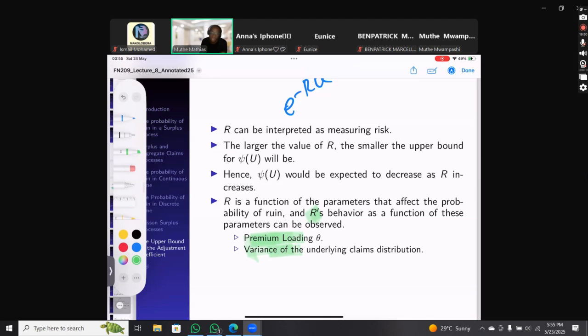This should be obvious because the probability of ruin will depend on the premium loading factor, right? So we expect the higher the loading factor, then of course, we're going to observe low probability of ruin, right?